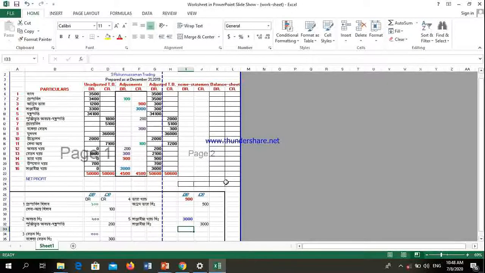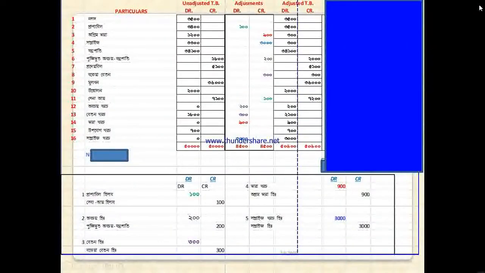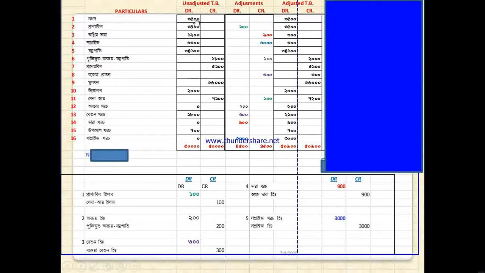All expenses and losses will be debit. All revenue and gain will be credit. And from here, only two items will be considered in this case. So we have to symbolize these items. So this is the unadjusted trial balance, adjustment, adjusted trial balance.